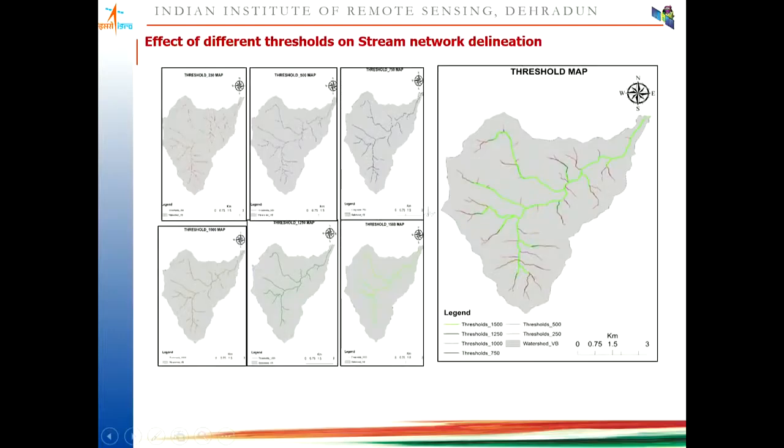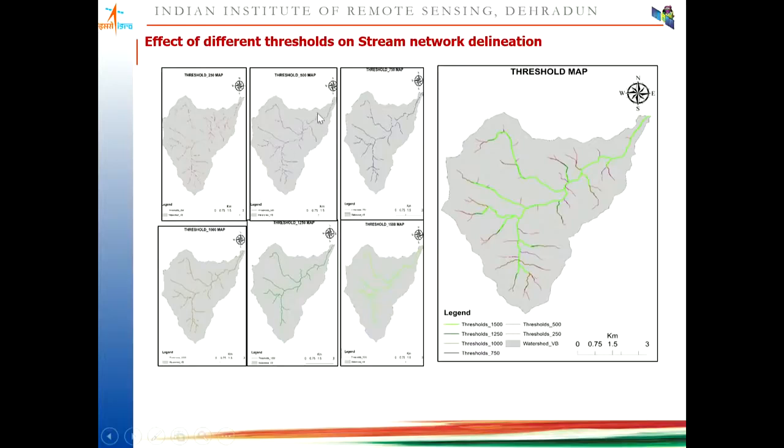You can see here the threshold value effect, how the streams are changing. Here the threshold values given are 250, 500, 750, 1000, 1250 and 1500. The 1500 threshold value gives you the major streams.